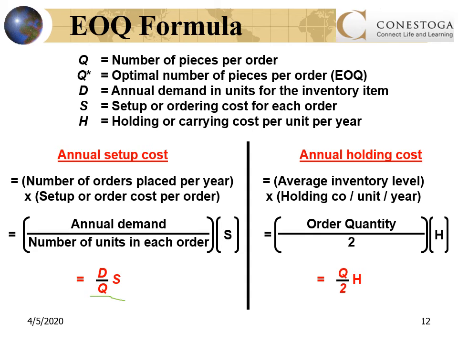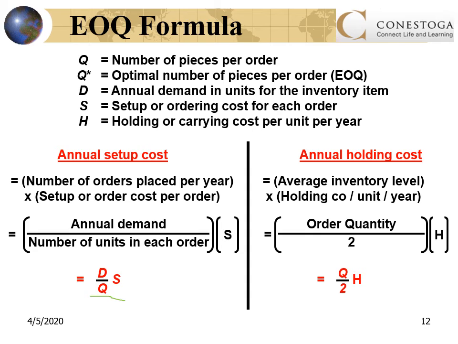So first we take the average inventory level, which will be Q divided by 2, multiplied by H, where H is the holding cost per unit per year. So the holding cost is Q by 2 multiplied by H.